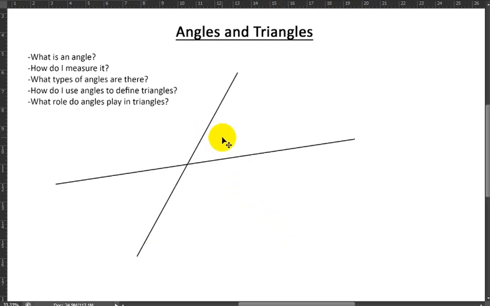Now these lines crossing has created, we could say, four corners. They don't have to make exactly a cross like the ones that we saw before, but here they've made one corner here, one corner here, one corner that is here, and one corner that is here. Let's actually color them. How are we going to do that?